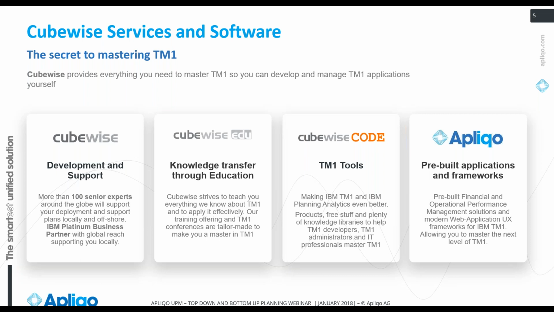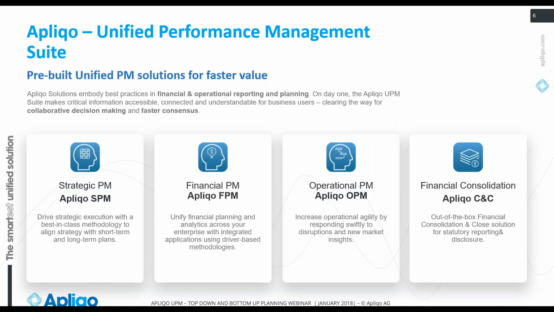And then last but not least, the topic for today is the Apliqo product, a pre-built reporting and planning application based on TM1 technology, which allows companies to use a pre-built framework and different kinds of best practices around FP&A. The whole product is a so-called unified performance management suite.